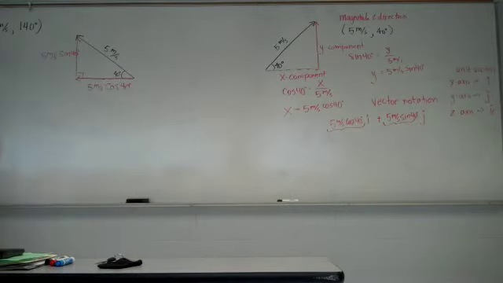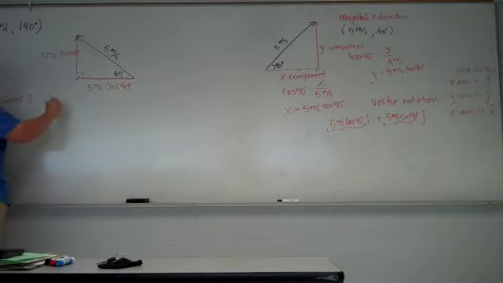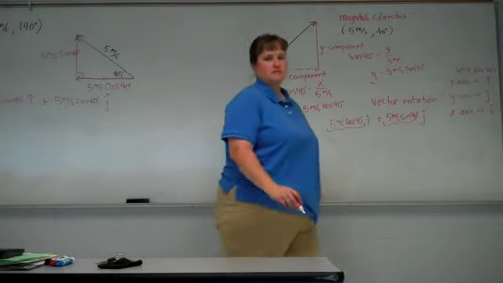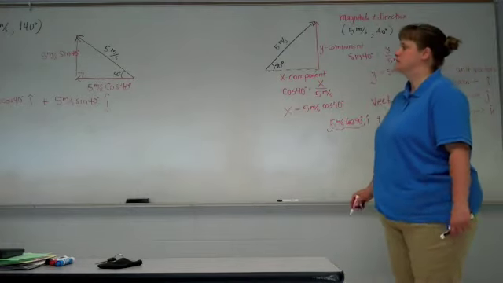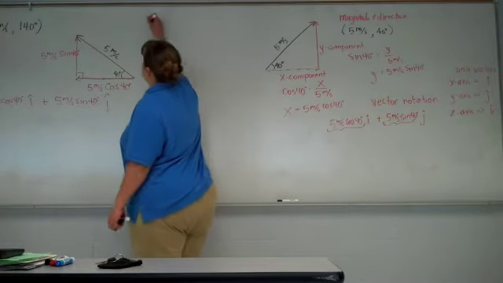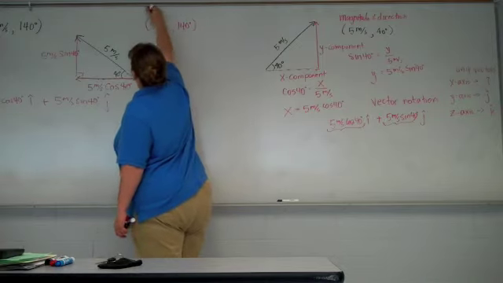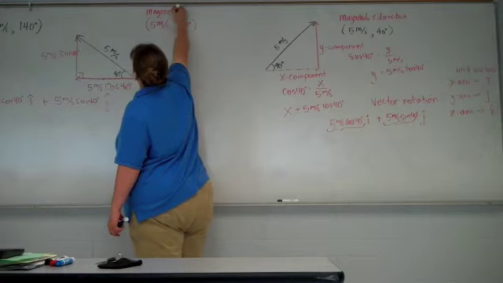The cosine one's pointing to the left, so we'll put a negative 5 meters per second cosine 40 with the i hat, so that we know it's negative i hat, plus the 5 meters per second sine of 40 j hat. So the magnitude and direction is 5 meters per second and 140 degrees.